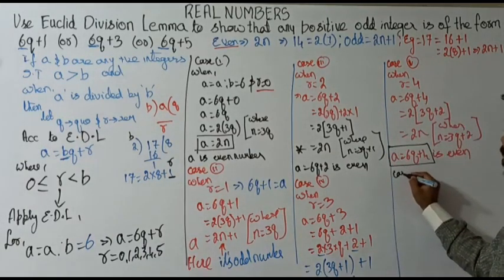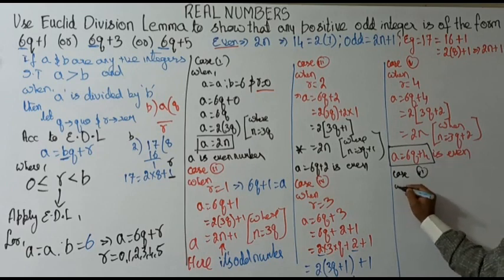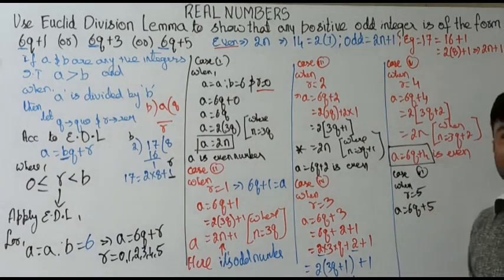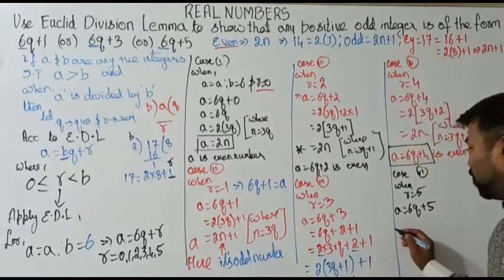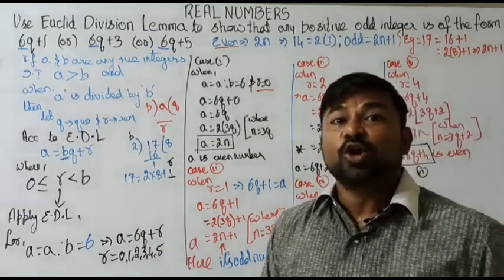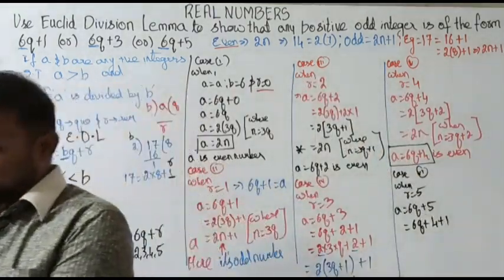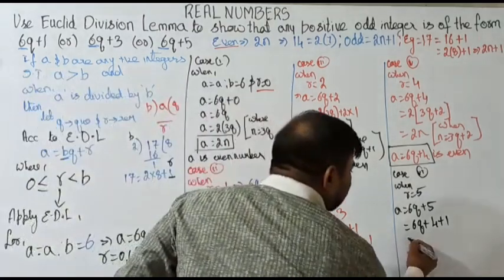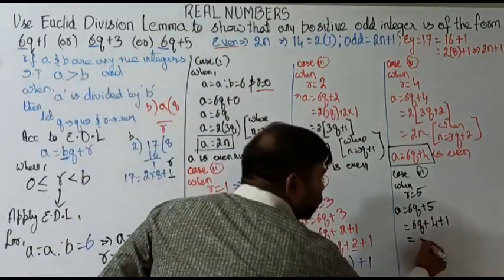Now let's go for case 6. When R is equal to 5, A becomes 6q plus 5. Now this 6q is okay. Now 5, I am writing it as 4 plus 1. So what does it become?